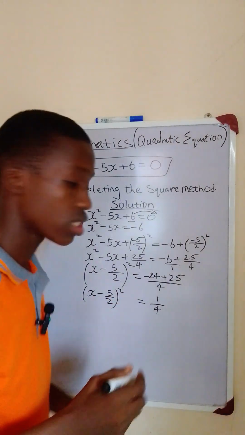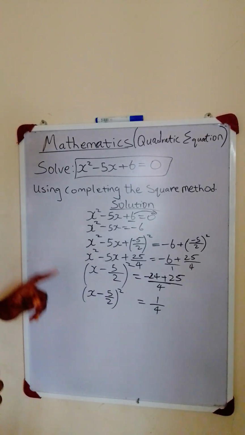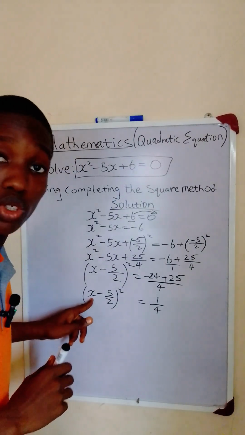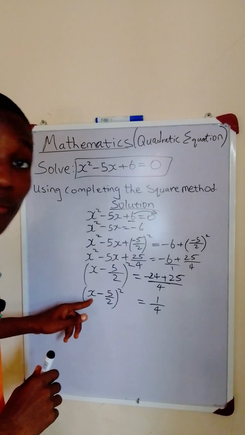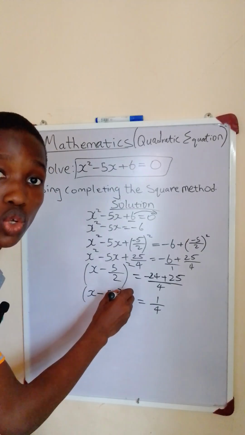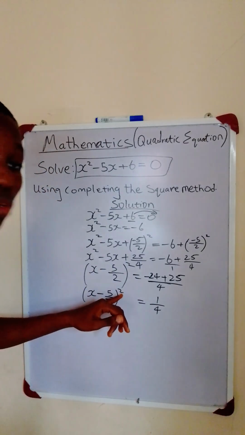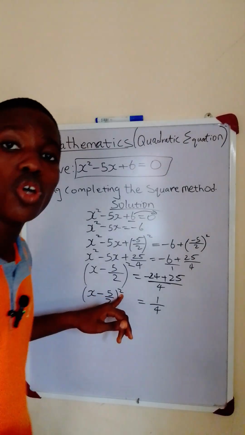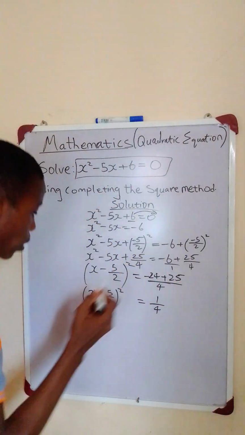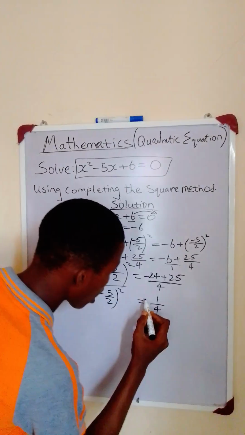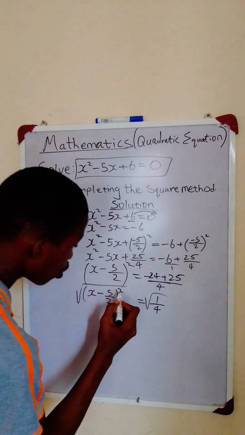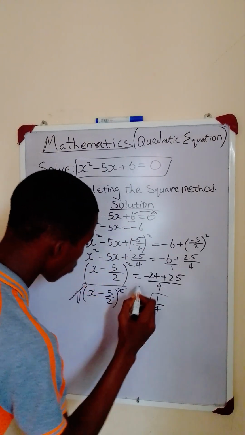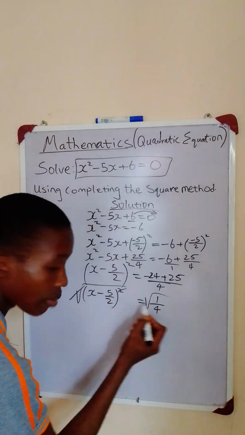So next thing you need to do is to make x the subject of the formula. This thing has a square here, a power of 2. You need to remove it, and when you're removing it, you square root both sides. So you square root here and you square root here. The square root cancels the square. Then this remains.